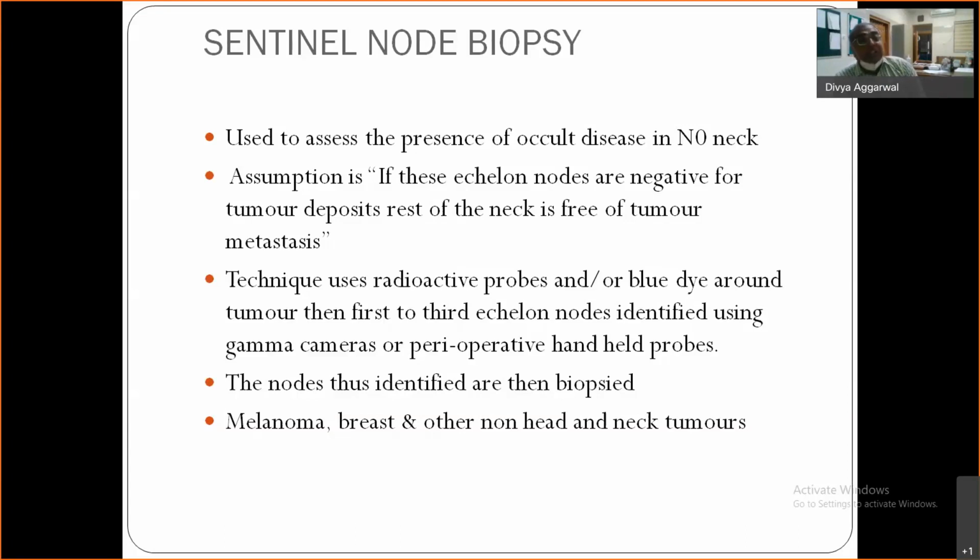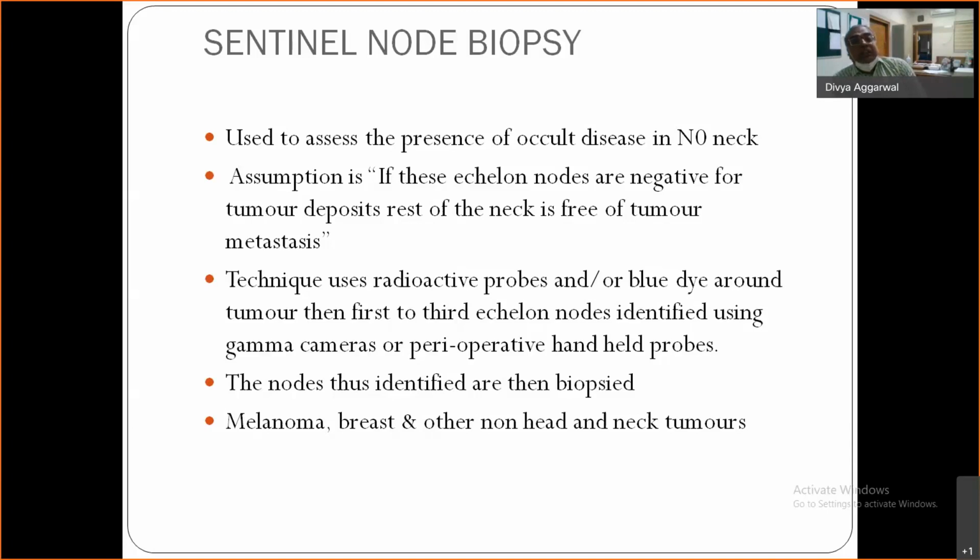If it is not there, you can easily assume that at the present moment there is no nodal metastasis. The nodes thus identified are then biopsied. If these nodes have radioactivity due to the radioactive probe, or have taken up the blue dye, you will then biopsy them.